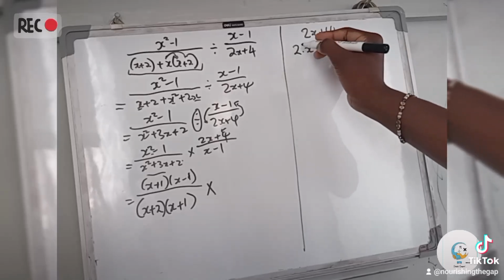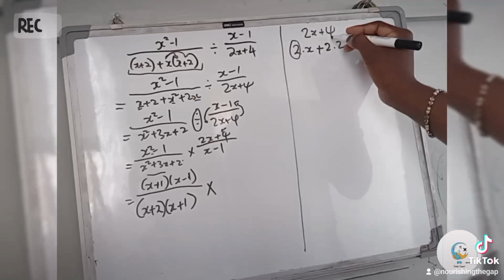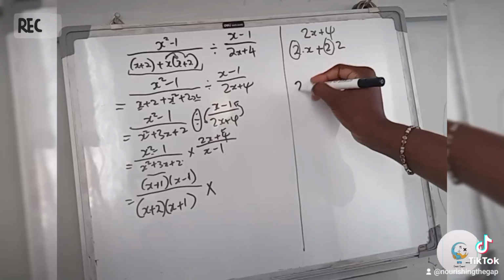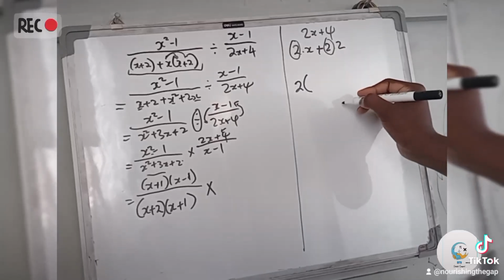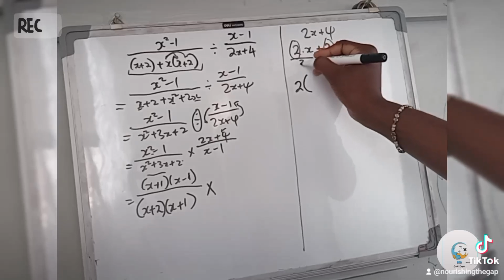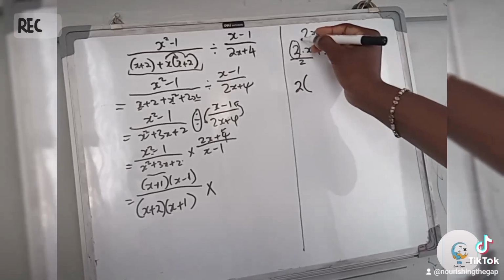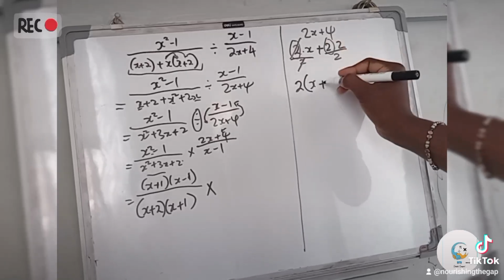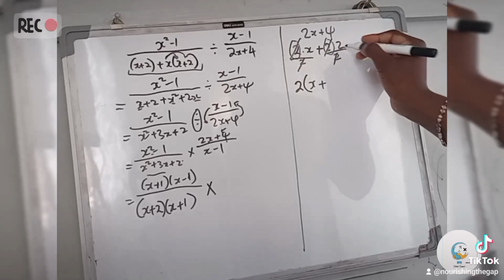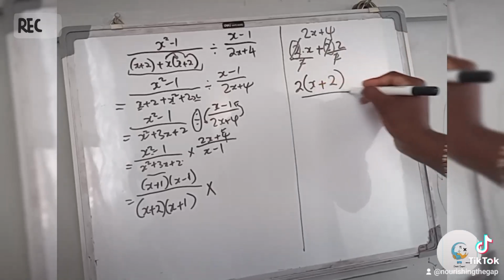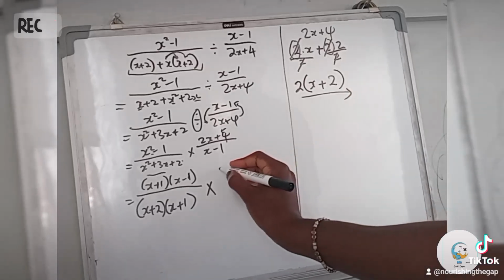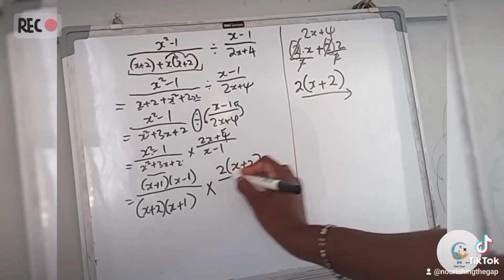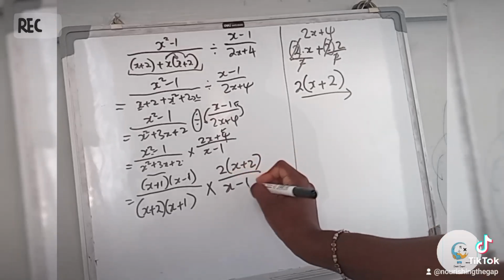You must look into the factors that are common. 2 is common on this side and 2 is common on this side. Once you have a common factor, you place that common factor and then open a bracket. Then you divide by the common factor on both sides. This will cancel this, and you'll be left with x, plus, the sign that doesn't change. This will cancel this, and you'll be left with 2. That's how you factorize a binomial term, meaning 2 open bracket x plus 2, then divided by x minus 1.